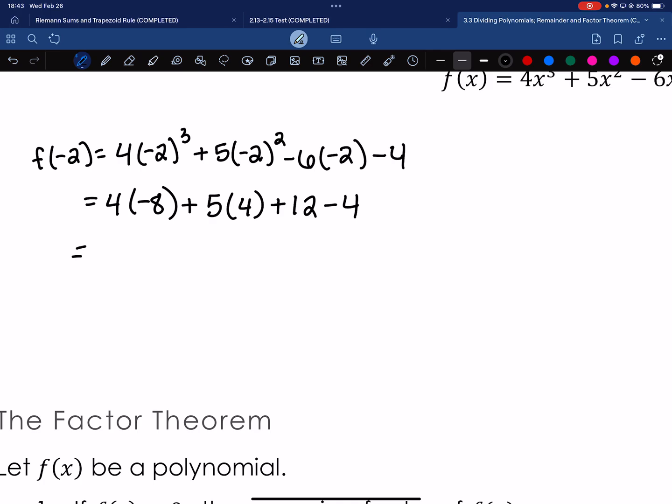So from here, we can multiply 4 times -8, get -32. 5 times 4 is 20. And then I'm going to go ahead and add these two terms, 12, or subtract them. 12 minus 4 is 8. Okay.